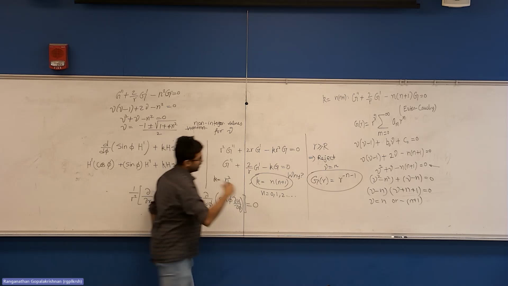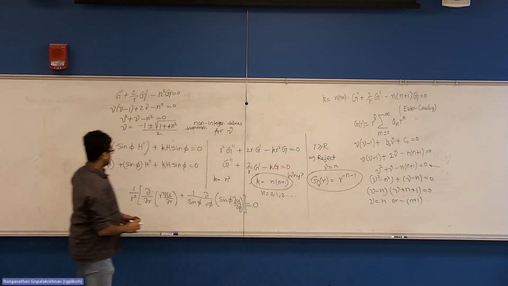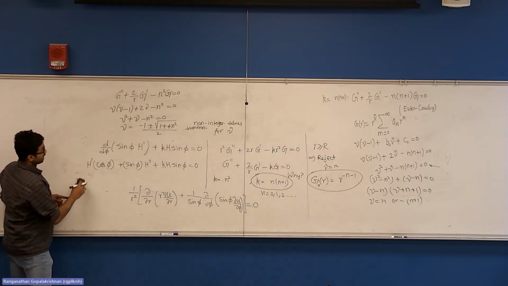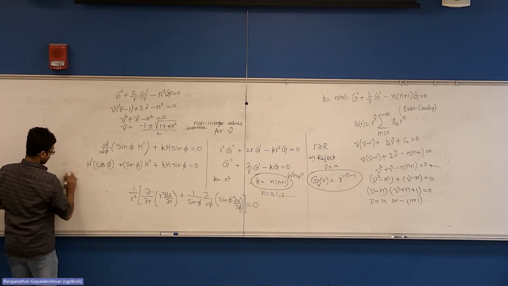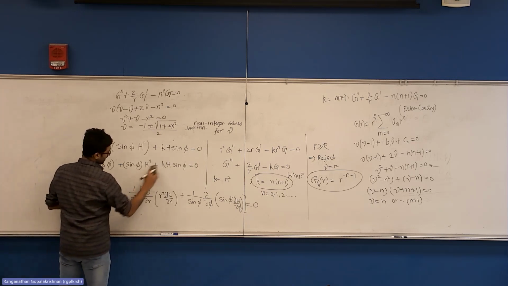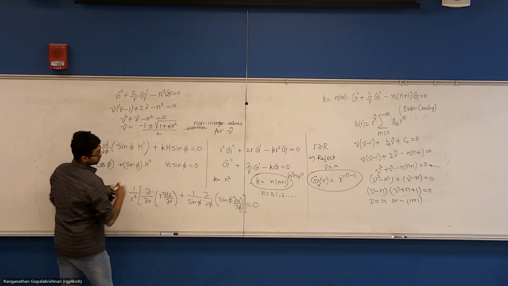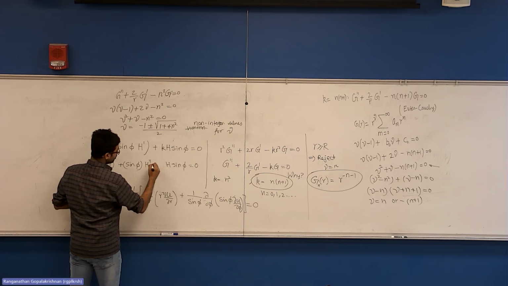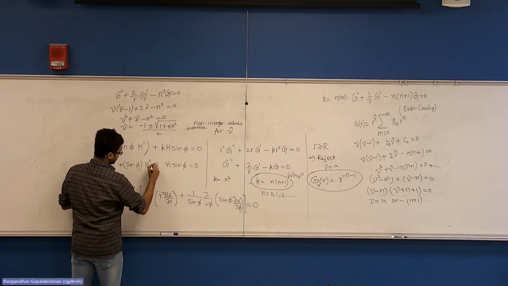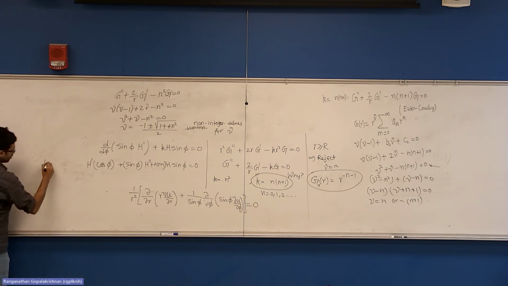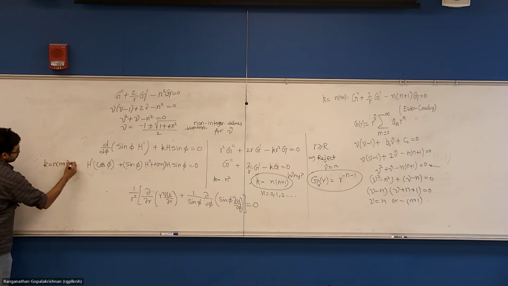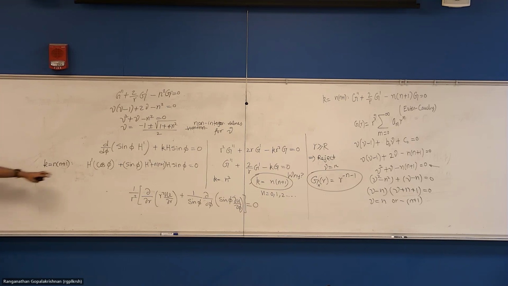G of r, I'll write it G n of r. And so I have my other equation for h, which is, I forget where I wrote it. Yeah, this one. In this one, I'm going to write k equal to n times n plus 1. Okay. How do we solve this equation, which is in terms of phi?